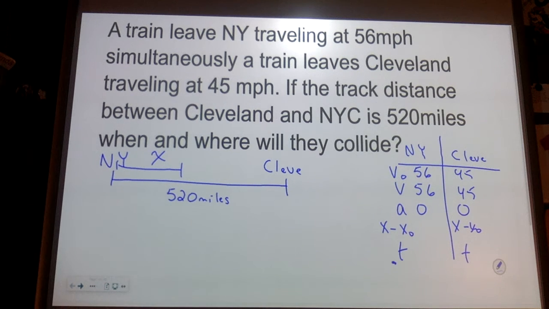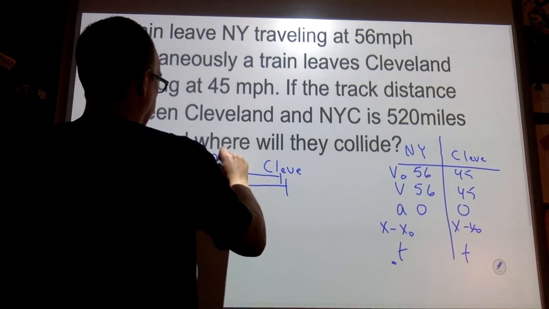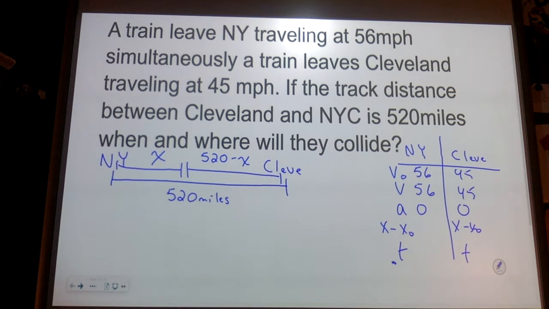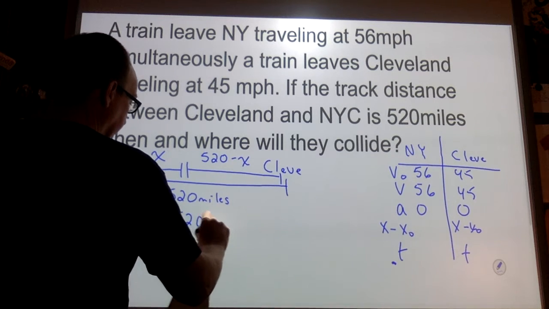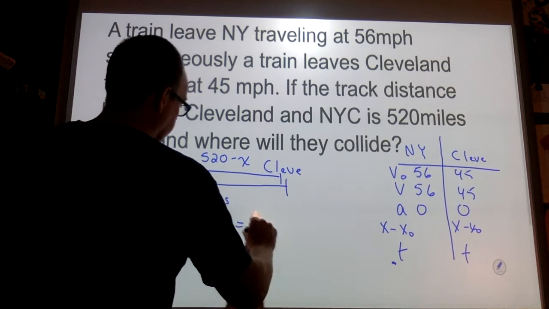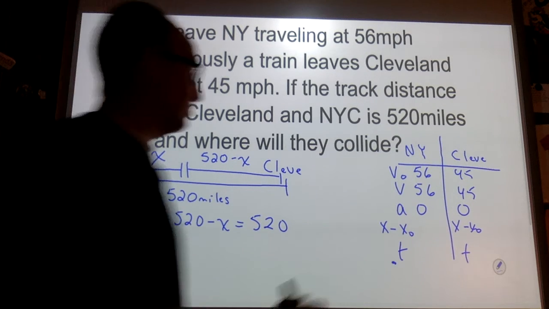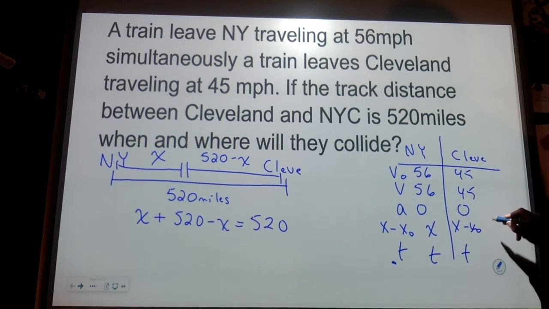So that means that the distance that the Cleveland train will travel will be 520 minus x, because x plus 520 minus x is equal to 520, and that's the total distance. So this is going to be x, this is going to be t, this is going to be 520 minus x, and this is going to be t.